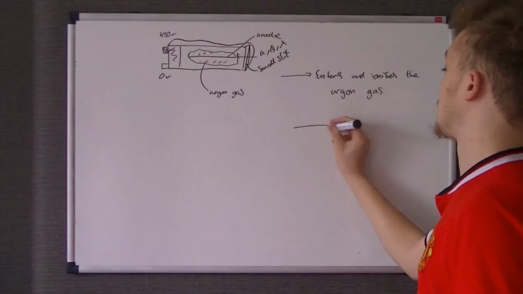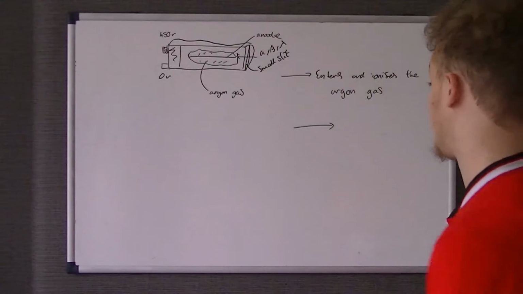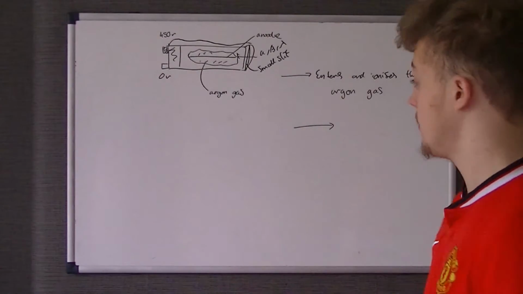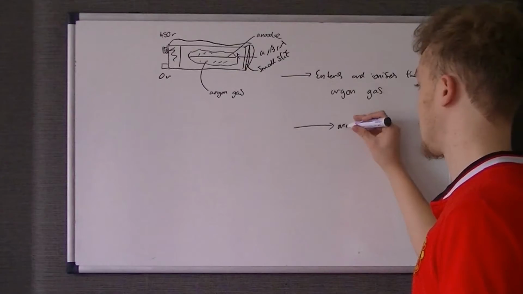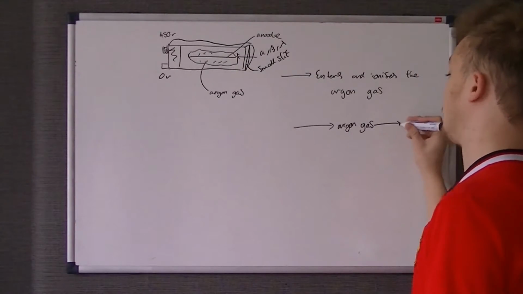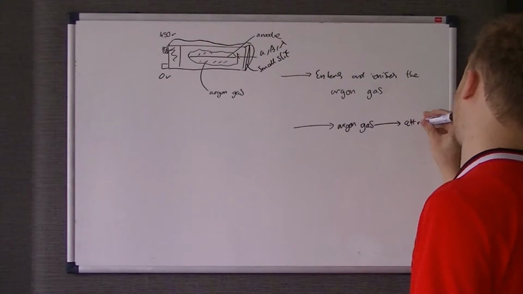When it ionises the argon gas particles, it gives an electron, so that obviously turns it negative, so the argon gas becomes negative, and it's an ion now, and this is therefore attracted to the positive anode.